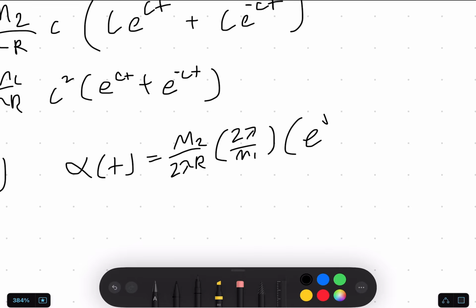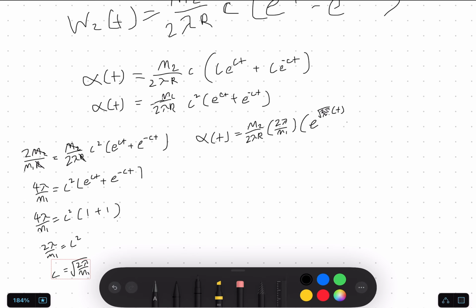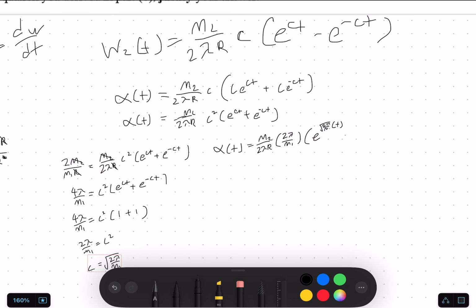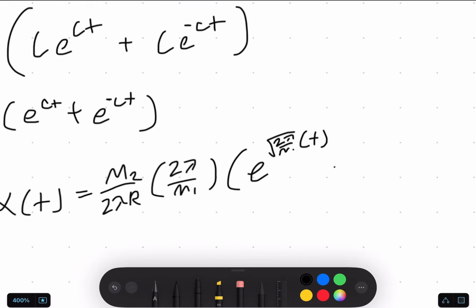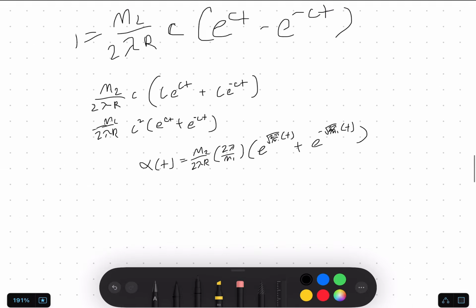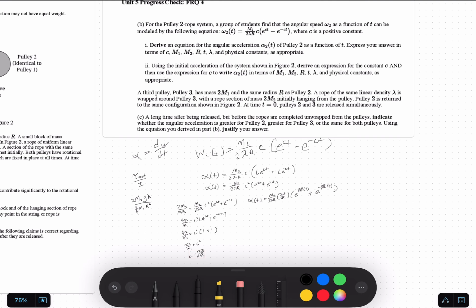Times e to the square root of 2 over m1 times t, plus e to the negative square root of 2 over m1 times t. And that would be our angular acceleration function.